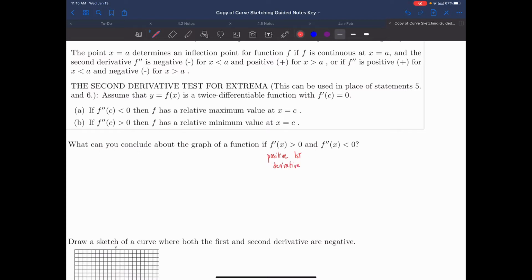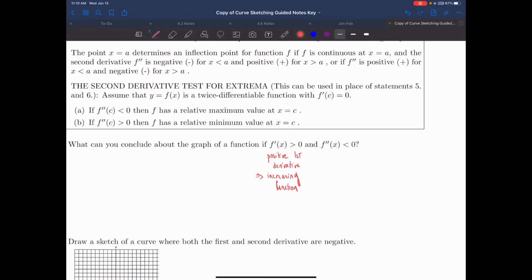If you have a positive first derivative, you have positive slopes, which means the function is increasing. I'll put an implies arrow there.